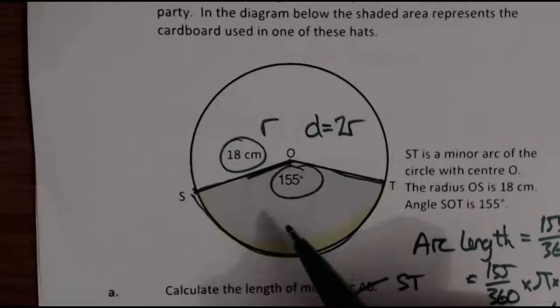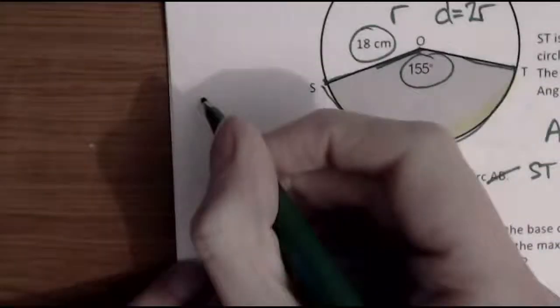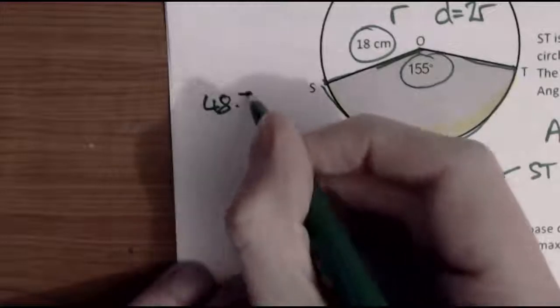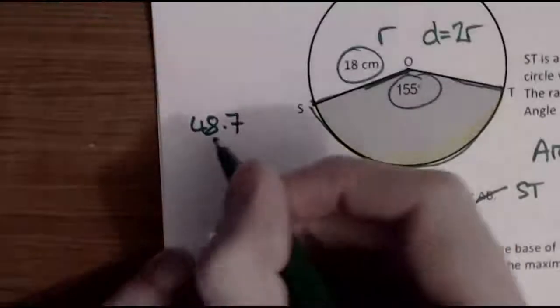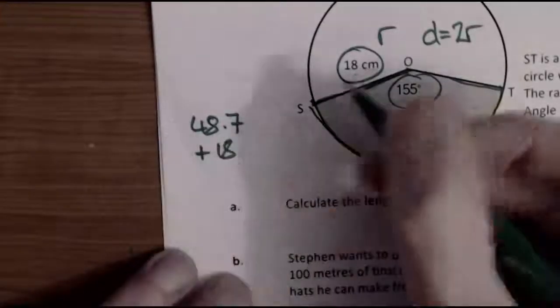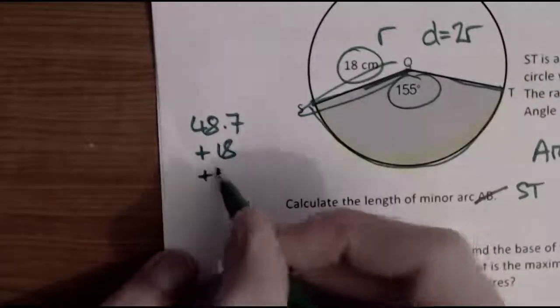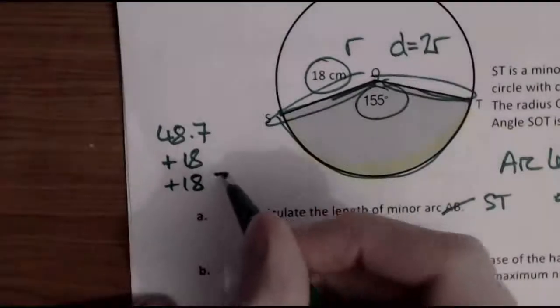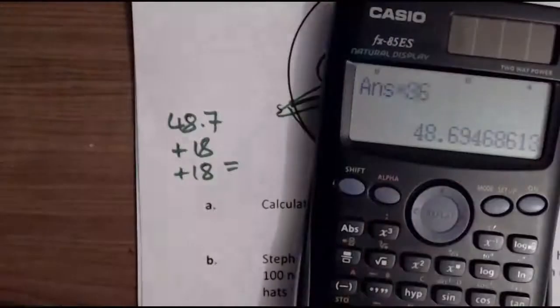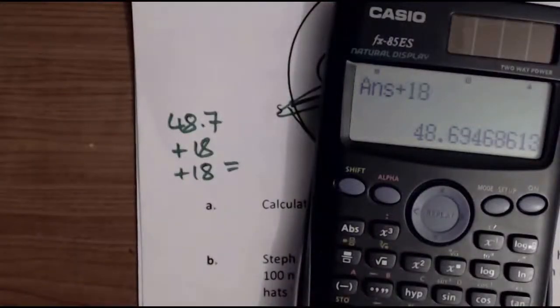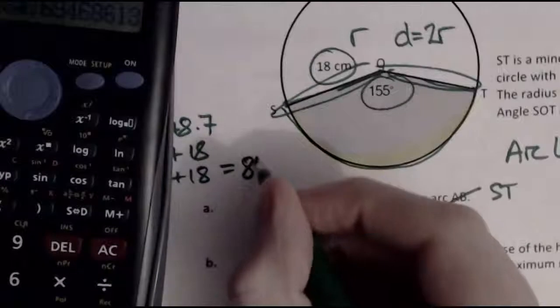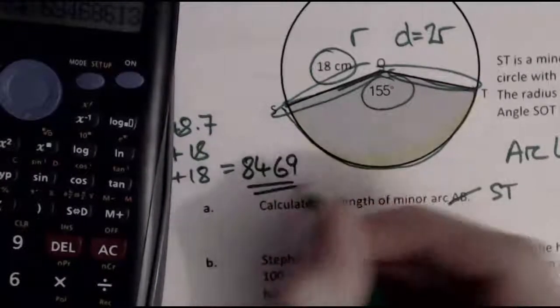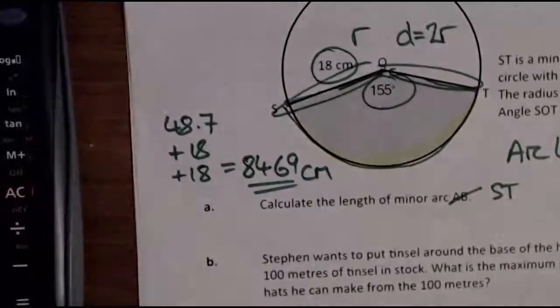So what we need to do is add 48.7, which we've calculated, add 18 for this part, and then plus 18 for this part. That's 84.69 centimetres, so that's how much you need for one.